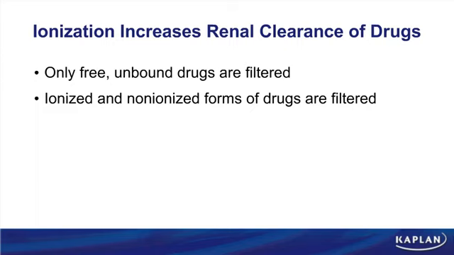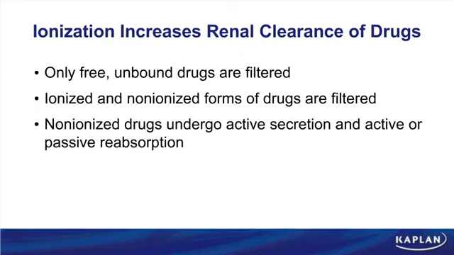They will think about the concept that we've previously discussed, that ionized drugs don't effectively cross membranes, and that is true. But the glomerulus is actually permeable even to ionized drugs. So hang on to that thought, and we'll see it in the diagram on the next slide. It's the non-ionized form of the drug, however, that undergoes secretion and reabsorption, because those are processes that involve crossing membranes.